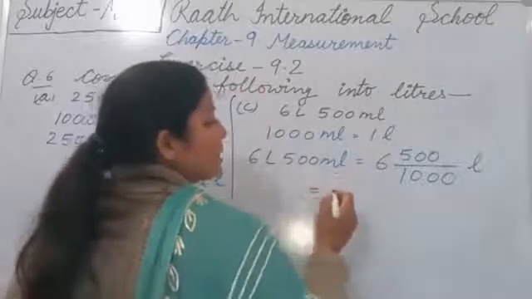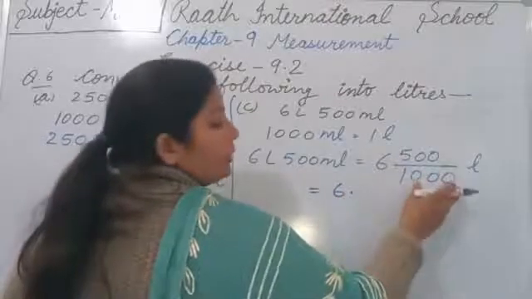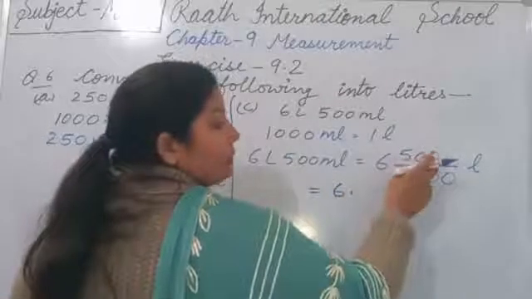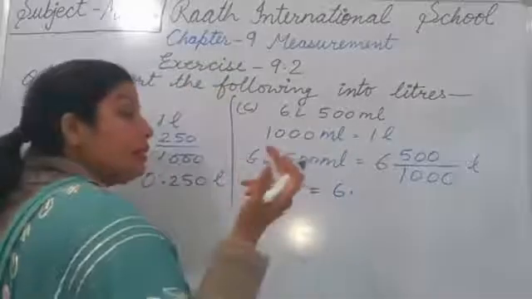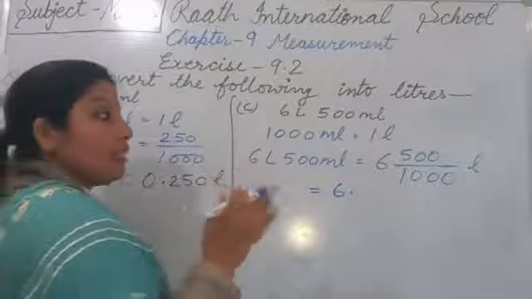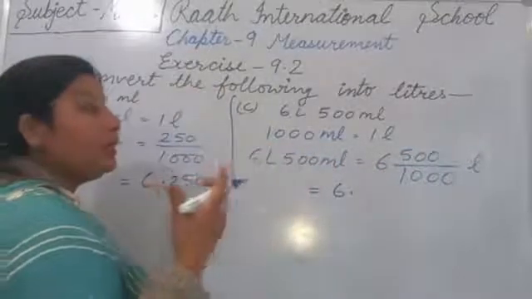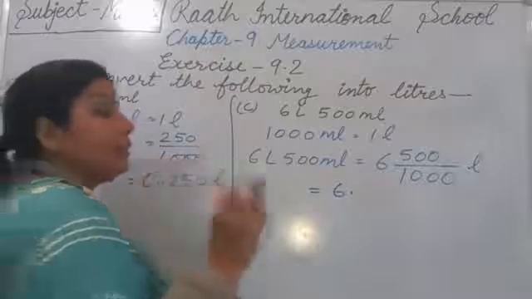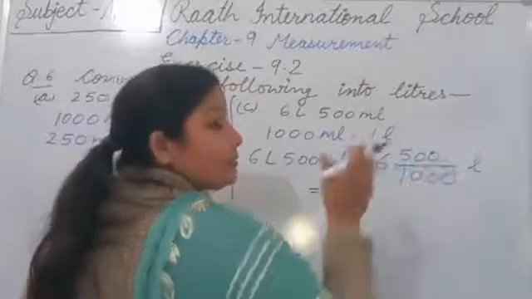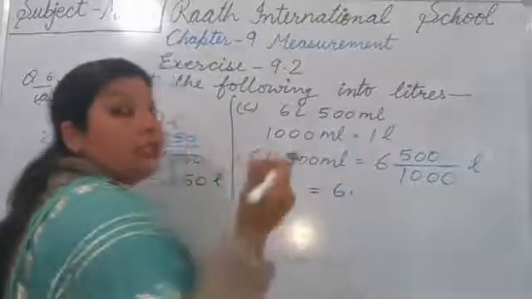So it becomes 6. 6 will be whole. Then point. Now divided by 1000, so we take 3 decimal places. 1, 2, 3 is already here, so no need to put zeros in between. We put zeros when we have fewer decimal places here. If we have fewer, then to make the 3 or 4 decimal places we need, what do we do? Before that we use 0.